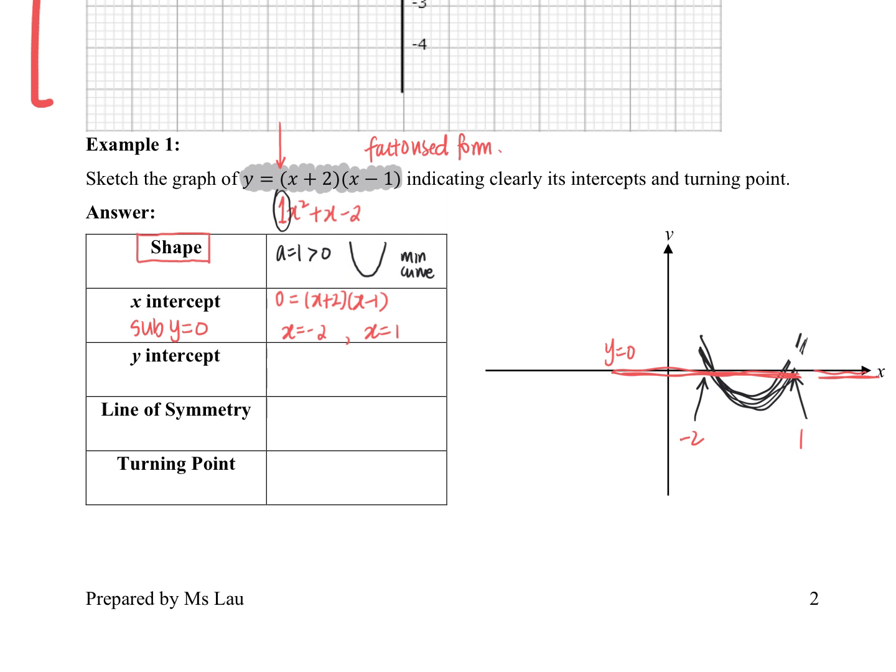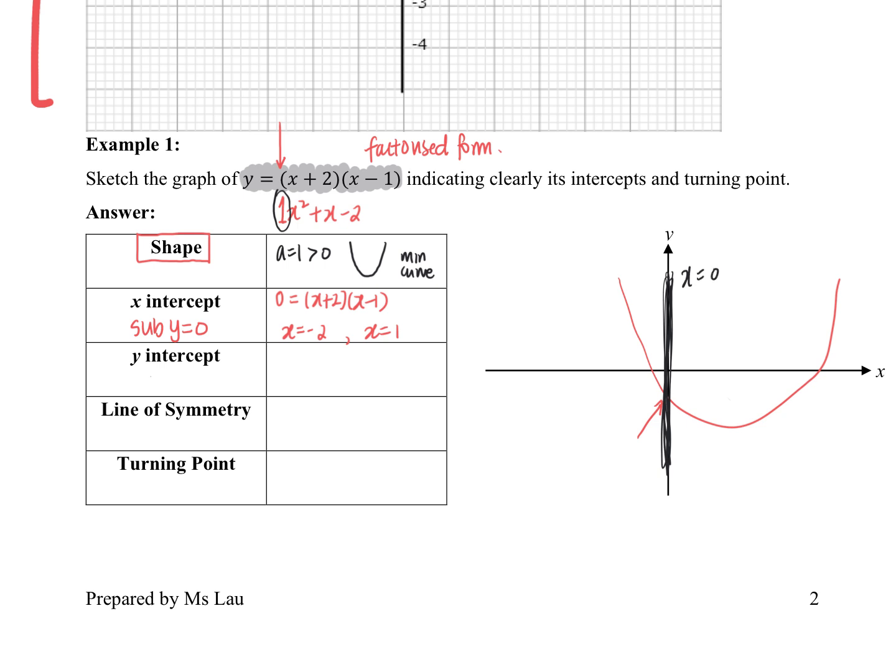Okay, but ignore the sketch here. I'm just trying to illustrate my point. Okay, so that's the two intercepts. Next one, I want to find my y-intercept, which means that my graph will cut the y-axis somewhere along the vertical line. So this happens when my x value is equal to 0.